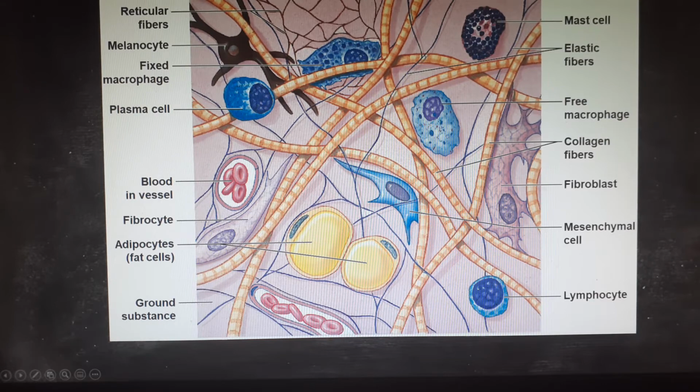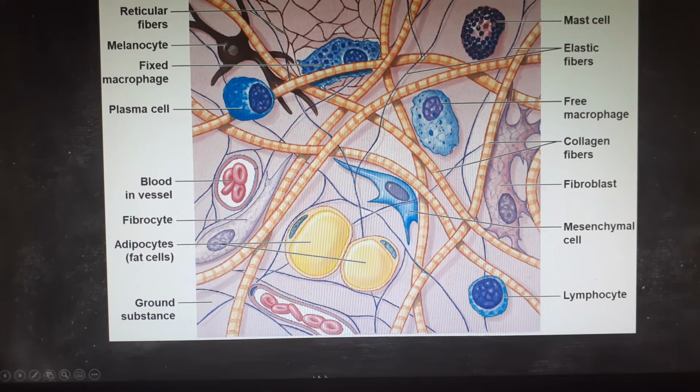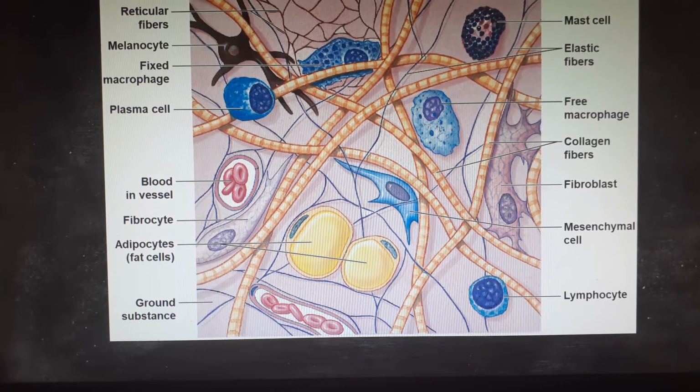Plasma cells are also immune cells. Macrophages gobble things up. Here's a melanocyte. Here are adipocytes. Here are blood cells. So this is kind of an everything diagram. It most closely resembles areolar tissue, as we'll see in a few minutes, but this is just an artist's idea of how many different things from connective tissue proper can I stick in one diagram, okay?